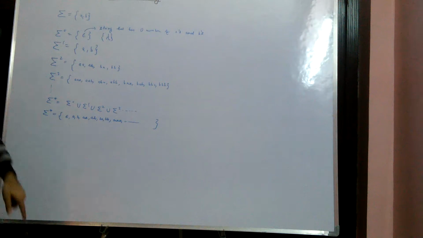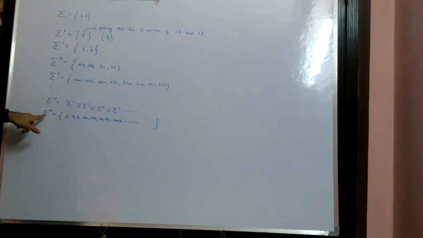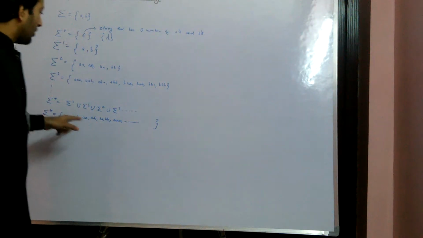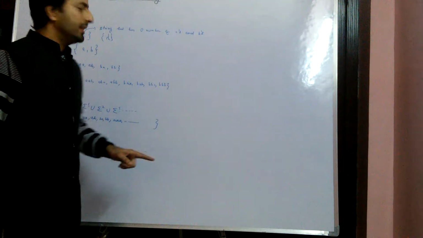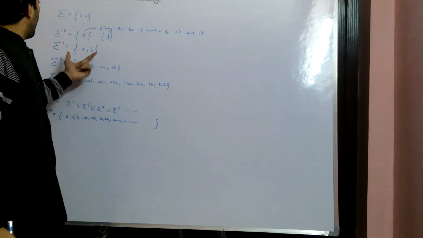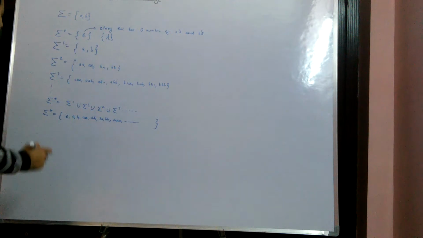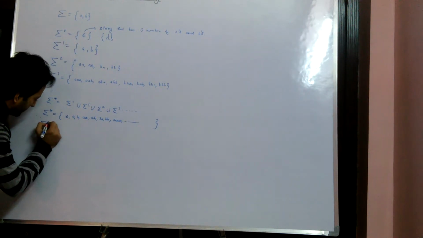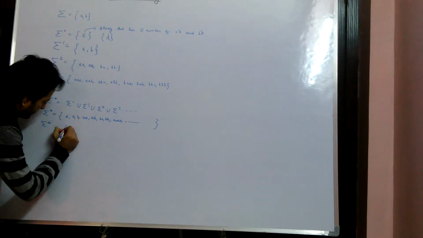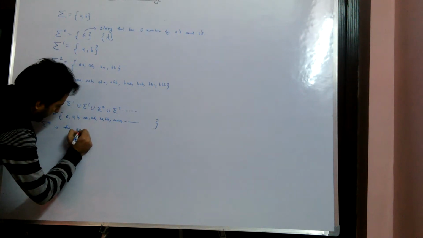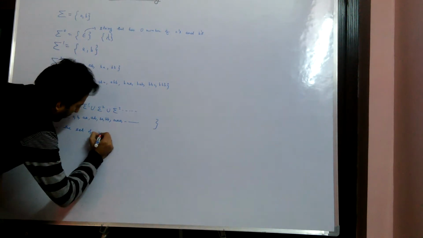As you know, we can have infinite strings. So this is sigma star. Sigma star is the set of all possible strings that can be formed by the given set of alphabet.